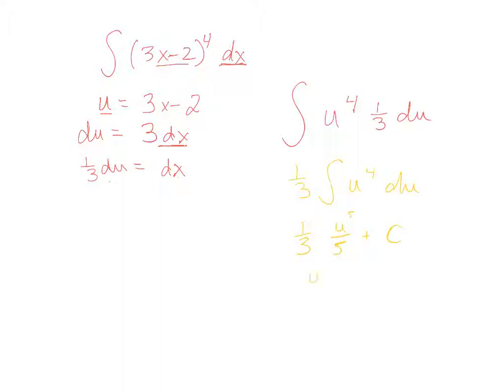So I have u to the 5th over 15 plus c, but please don't forget we need to substitute back in what our u value actually represents in terms of x. So 3x minus 2 to the 5th power over 15 plus our lovely c is going to be my final answer.